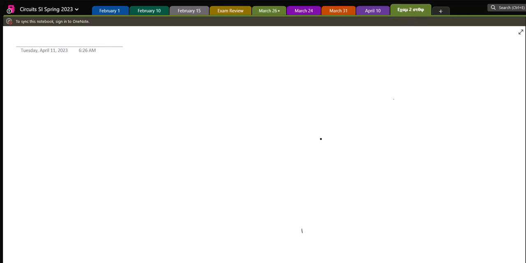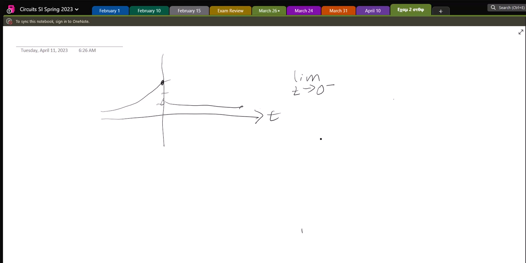So let's go all the way back to the beginning of Calc 1. You would have a function, and maybe it would look like this. You would be asked for the limit, and this is the t-axis, as t approaches 0 from the left of whatever this function might be.